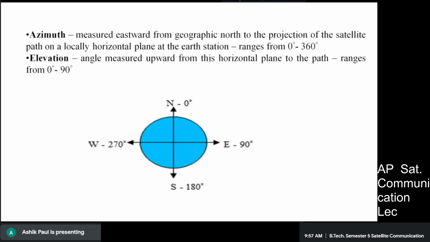So coming to this figure now, if somebody tells you that we have to track a signal from a satellite which is at 73 degrees east from Kolkata, then in which quadrant shall I point my receiving antenna?